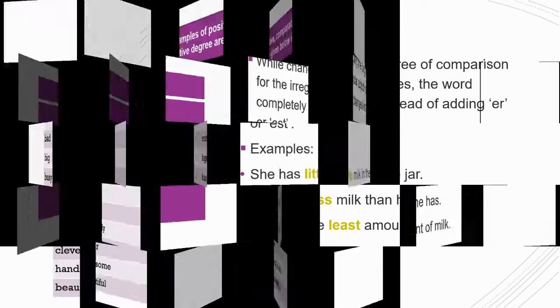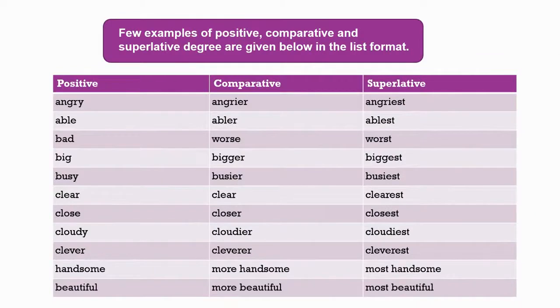Angry, angrier, angriest; able, abler, ablest; bad, worse, worst; big, bigger, biggest; busy, busier, busiest; clear, clearer, clearest; close, closer, closest; cloudy, cloudier, cloudiest; clever, cleverer, cleverest; handsome, more handsome, most handsome; beautiful, more beautiful, most beautiful.